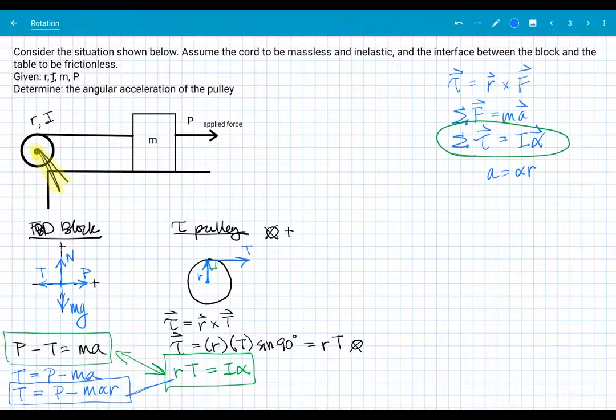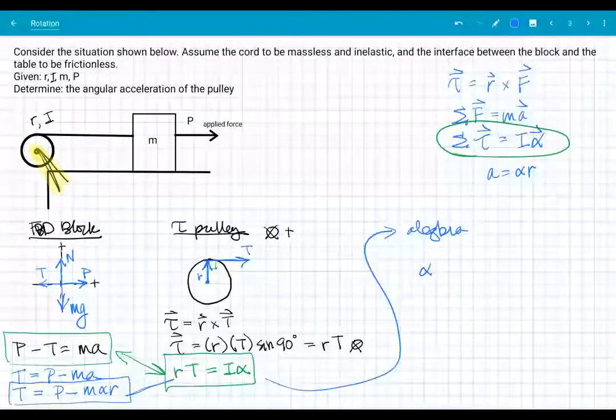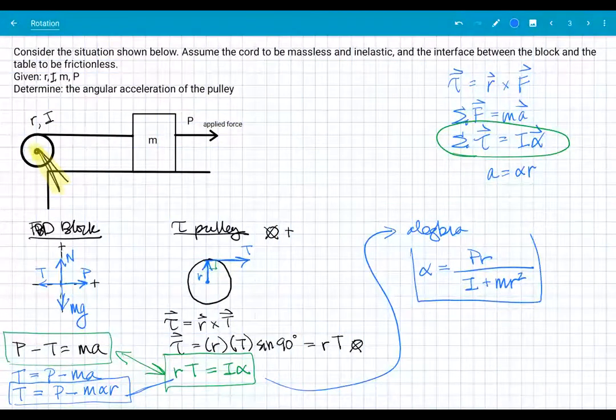So you can do some algebra there. Two equations, two unknowns. Tension is not one that we want. We're looking for alpha. So if we do that, then we can solve for alpha, and we should get PR over I plus MR squared. And that is our expression for alpha.